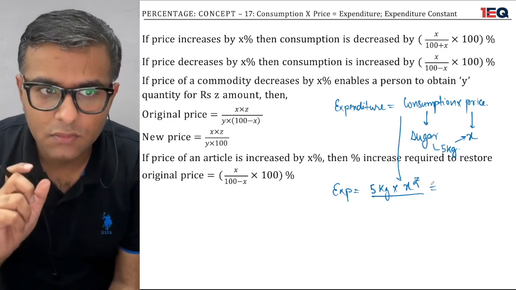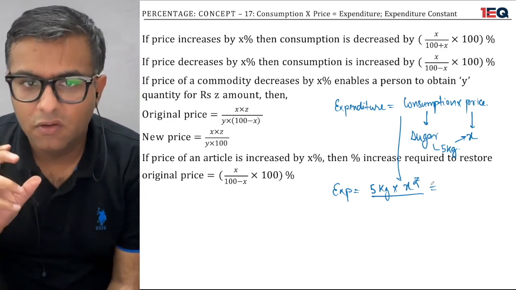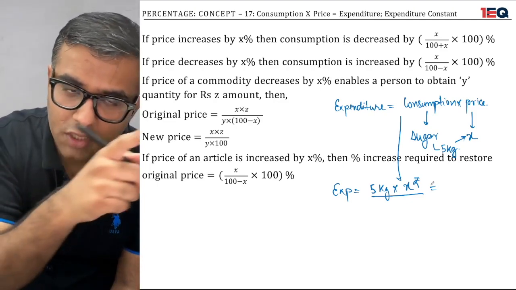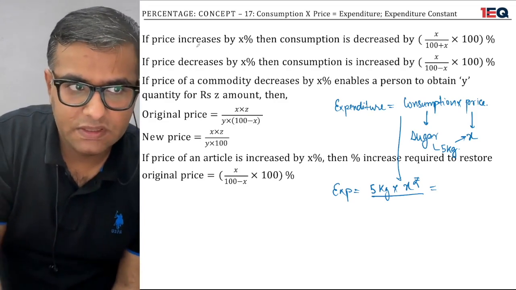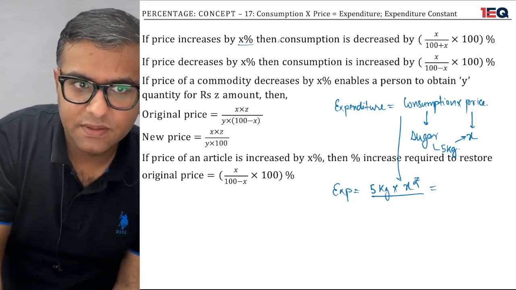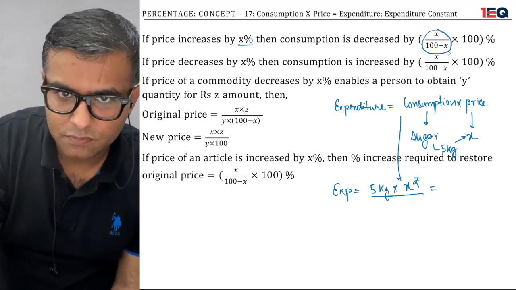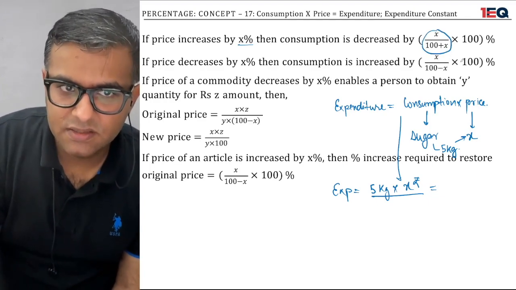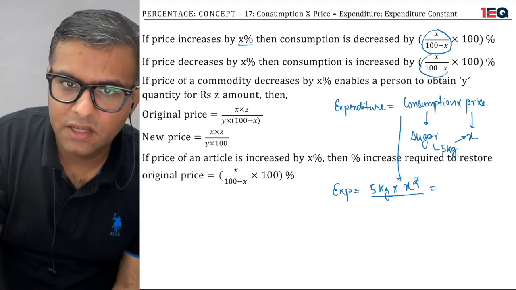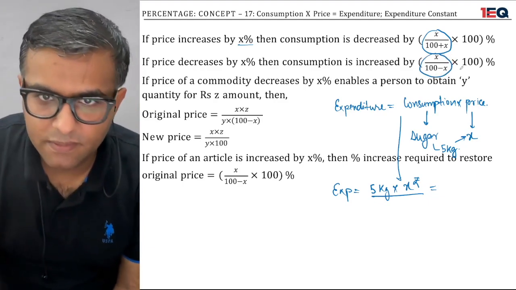If the price increases by X%, then the consumption can be decreased by X upon X plus 100. And if the price decreases, then the consumption can increase by X upon 100 minus X.